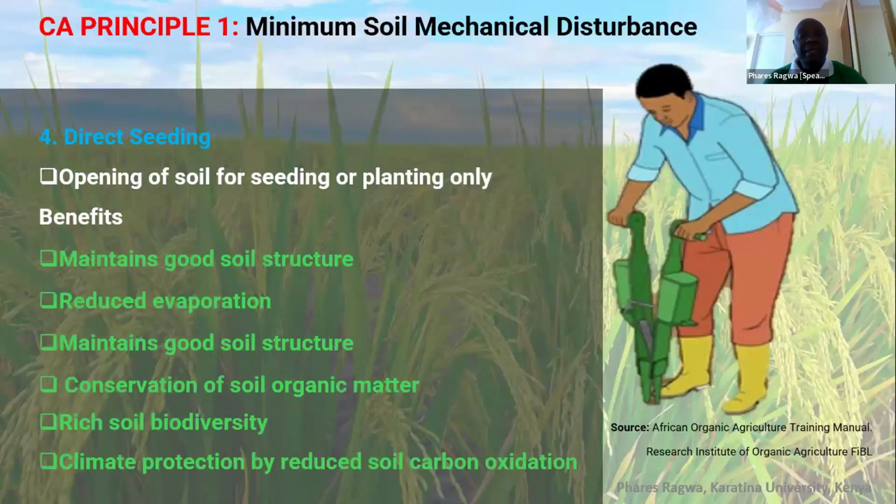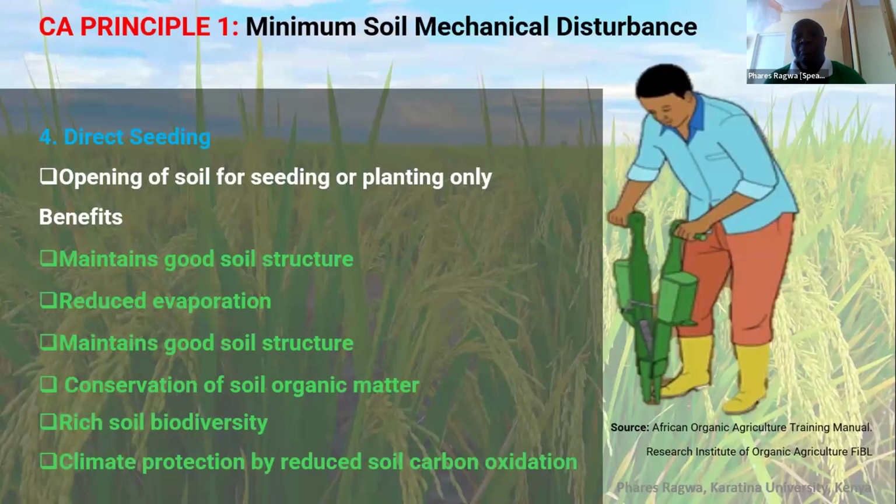Now, we also have under this minimum tillage, what we call direct seeding, because we said we don't want to cultivate the land to be able to plant. So what we say here is that you do direct planting, and there are various types of implements that you can use to do direct planting. And one of these implements is what you can see there.